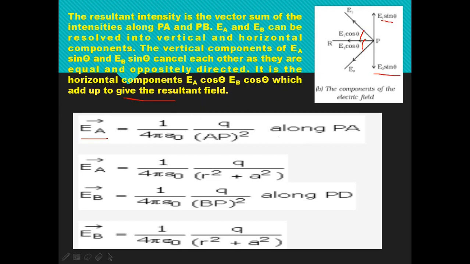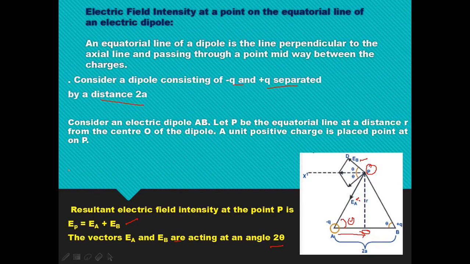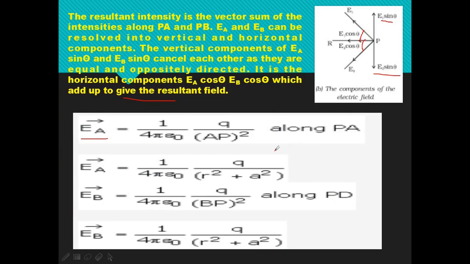Now the electric field at point A: we know that the electric field is 1 upon 4 pi epsilon naught times q over r square. Now see the diagram. Here this is A, and this is the distance A to P. This is the hypotenuse, h. Clear, student? We know that h square is equal to perpendicular square plus base square.